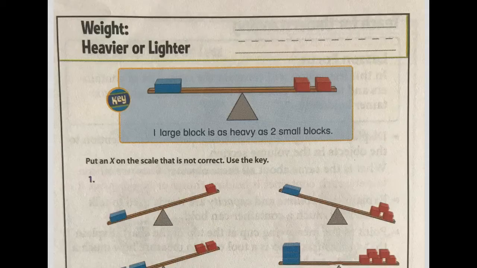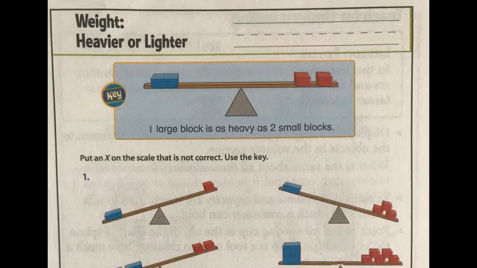If you said that it is balanced, you are correct. The scale goes straight across. So it is balanced, but it takes two small blocks to weigh the same as the one large block. Yep. So we're going to use that as our key.